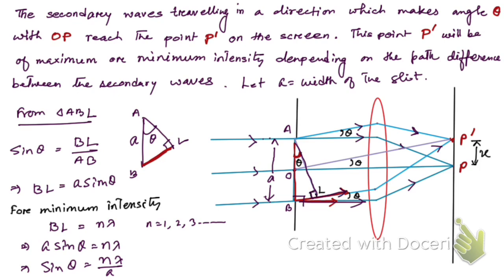Now you see, for the maximum intensity, let me take a new slide. For maximum intensity, this BL path difference should be equal to (2n plus 1) into lambda by 2.